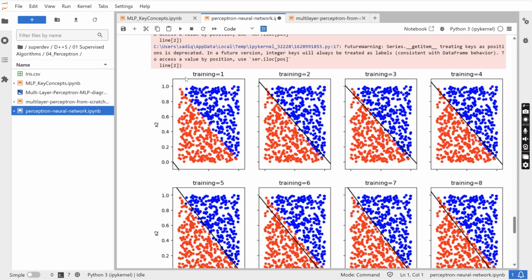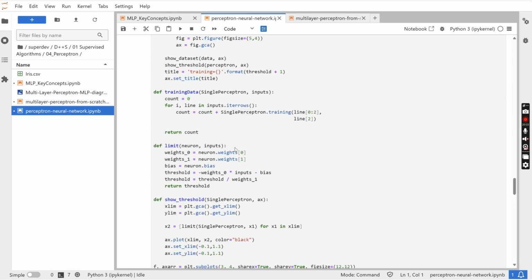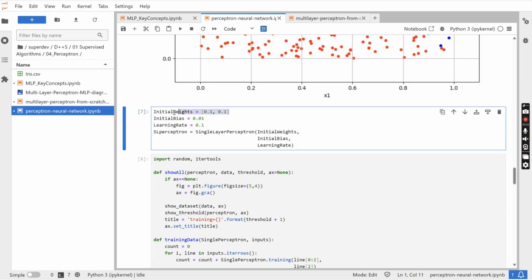Initially, in the first training, when all the data is fed to the perceptron, it takes x1 and multiplies it with the values we have given. We have given the initial weights as 0.1, 0.1.